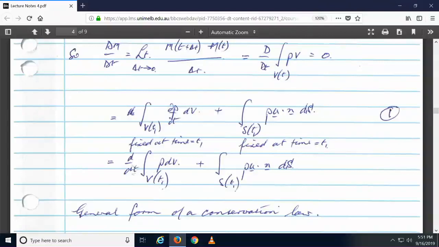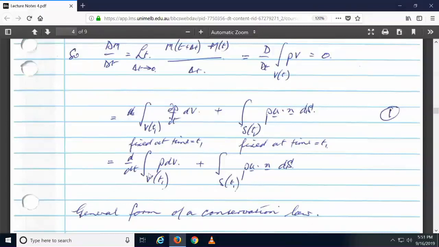And so I could take this, so this is an integral which now, if the density depends on time, then this integral will depend on time, and I get something which doesn't depend on dimensions anymore, lengths. It's only a function of time, so that's why this is a total derivative, d dt. Whereas this is now the flux out of the original surface of rho u dot n dS.